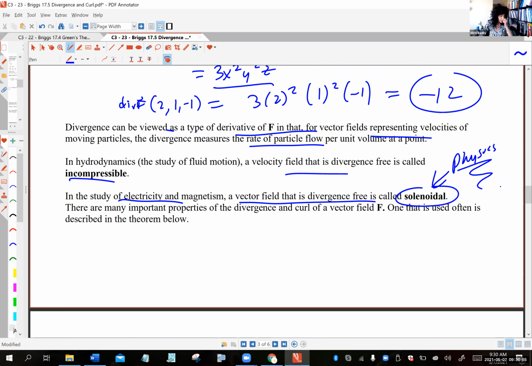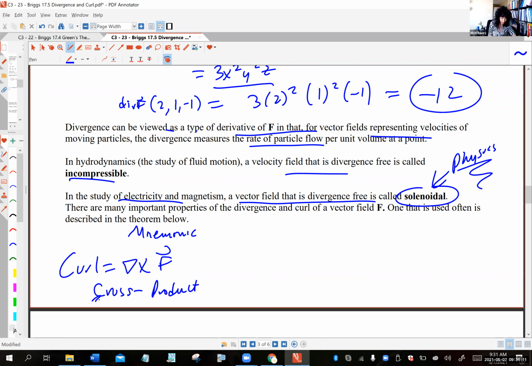So I'm going to give a theorem in a moment, but before I do, I want to give you a cool mnemonic. Do you notice how curl involved a cross product? And the word cross product has a letter C as the initial letter, and curl has a letter C as the initial.